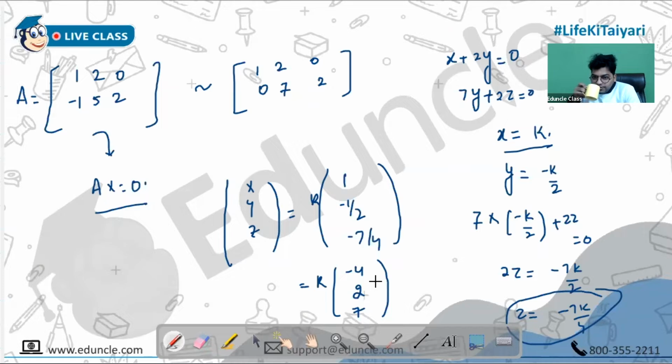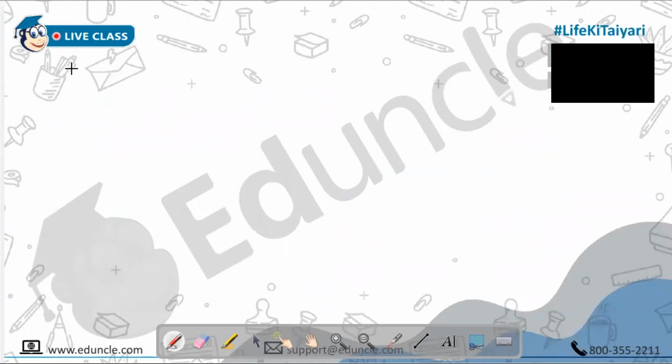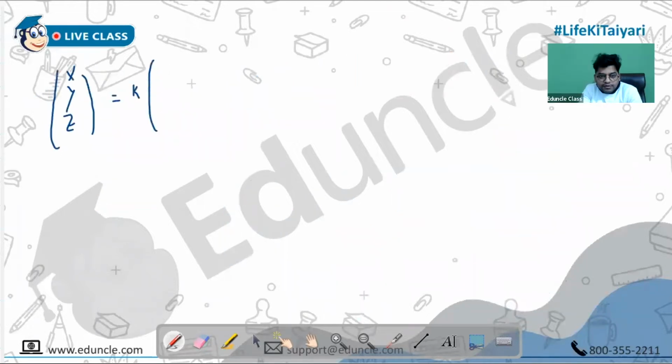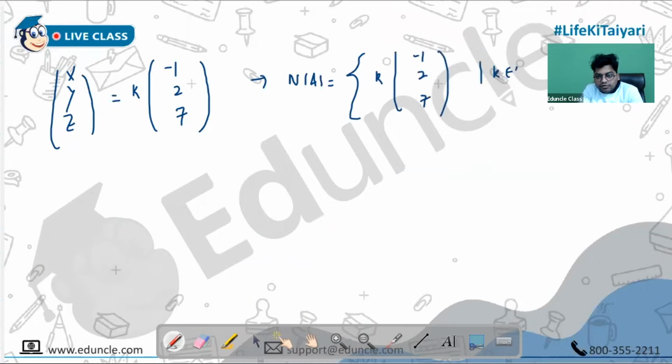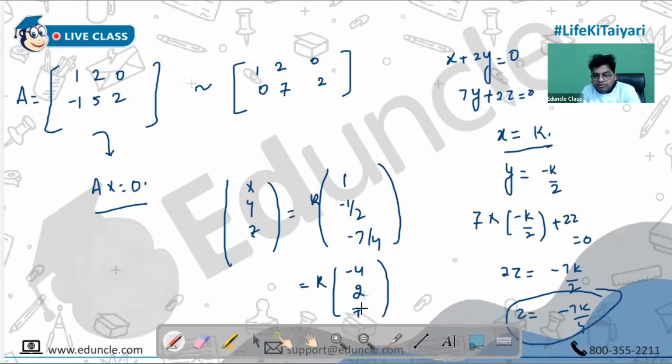So this is done. So x, y, z equals k times of 4, minus 2, 7. You can say null space of A is the set of all k times of 4, minus 2, 7, where k belongs to the reals. Does anyone have a doubt why we multiplied by 4? Because we have made perfect integers, perfect numbers.